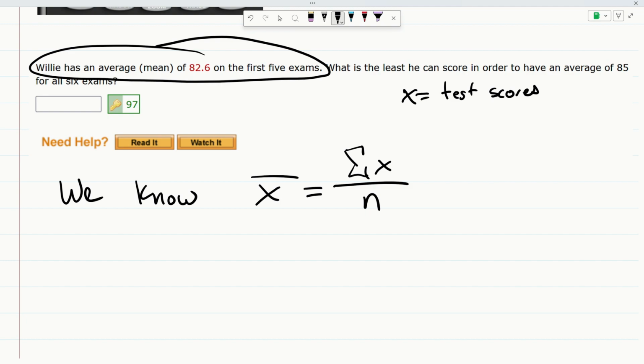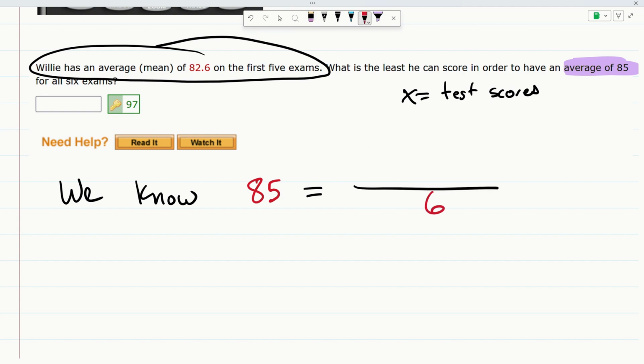We know what Willie wants. Willie wants an average of an 85, all right? So Willie wants this over here. He wants the average of the 85. We also know that how many tests were on there? Well, there were 6. So we know this is going to be divided by 6 somehow.